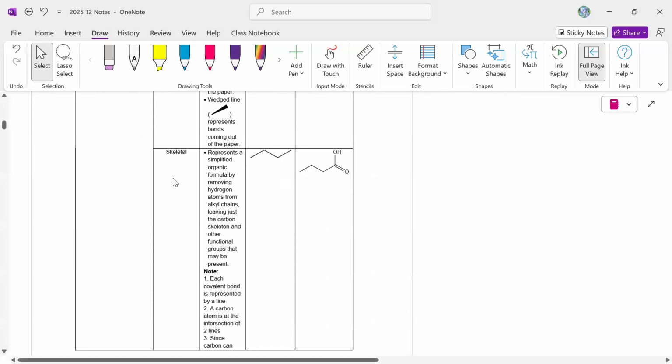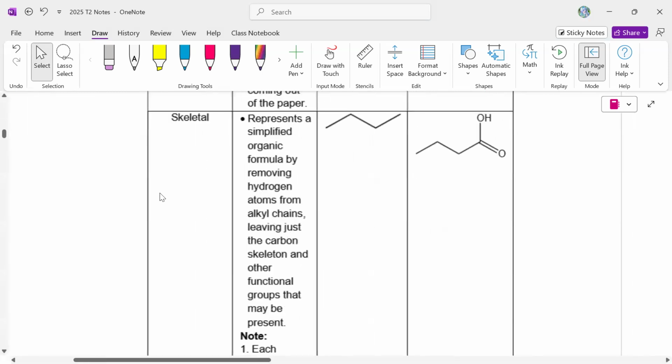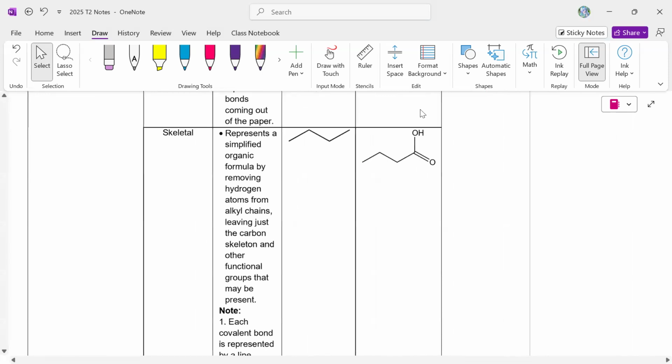But even for those who find it a bit hard to visualize skeletal formula, take note that there is an increasing trend that IB is using skeletal formula in their exam questions. In the past few years, most of the organic structures were drawn using skeletal formula.